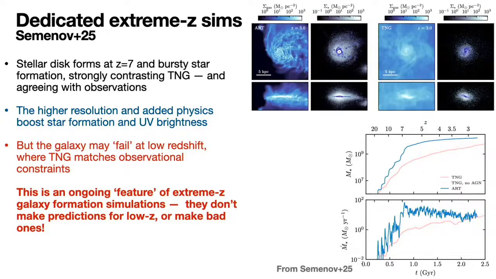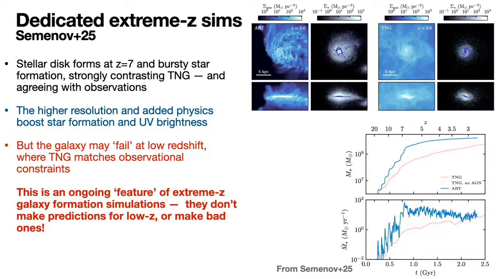You would expect that if you can have a much higher resolution in your simulation. He gets much burstier star formation, and he gets a disky galaxy compared to the TNG one. So he can reproduce this particular effect of disky galaxies at cosmic noon.